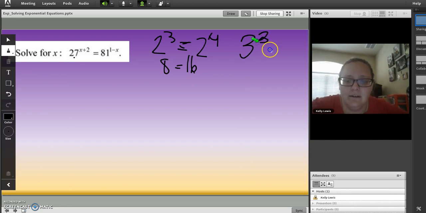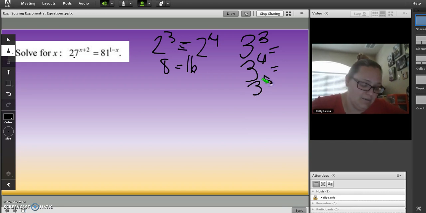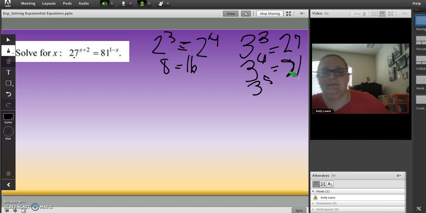3 squared is 9, so I know it's not going to work there. 3 to the third, awesome, 27. Maybe 3 to something is 81. 3 to the fourth. Oh, 81.